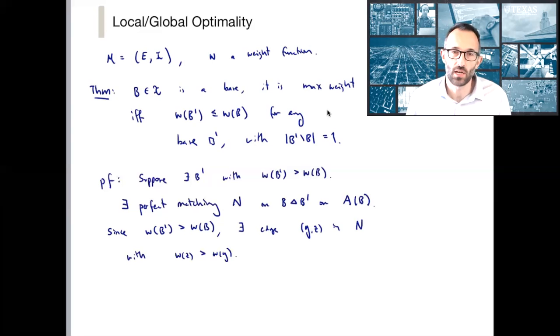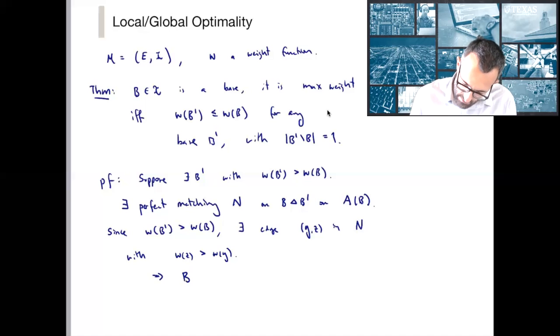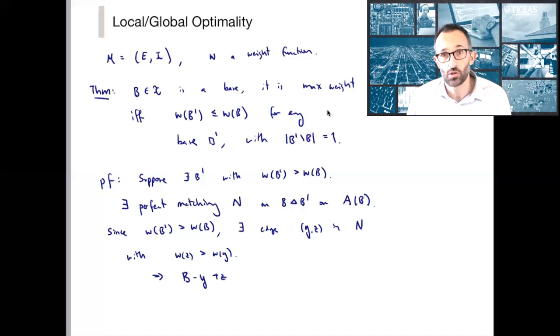And this is our contradiction of the assumption of the theorem, because this in turn implies that the definition of the edge says that B minus Y plus Z also has to be an independent set. It has the same size as B, therefore it's a base.